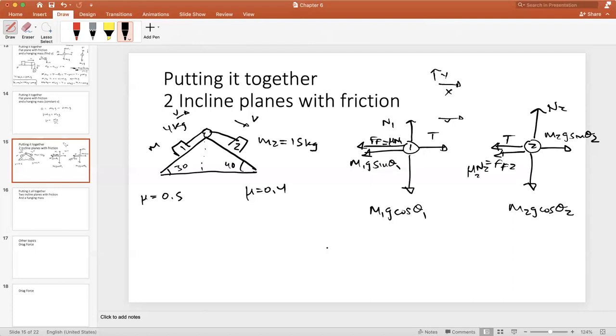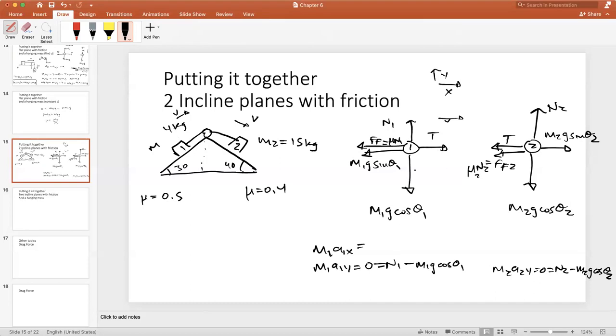When we do this, we just write M1 A1X and M1 A1Y. Again, this is 0, so N1 minus M1G cos theta 1. Same thing here, M2 A2Y is 0, so N2 minus M2G cos theta 2.